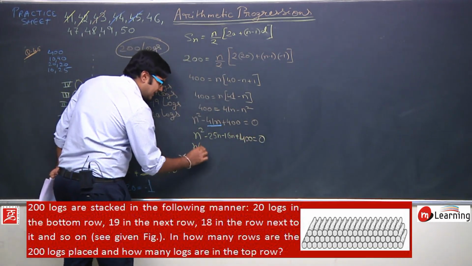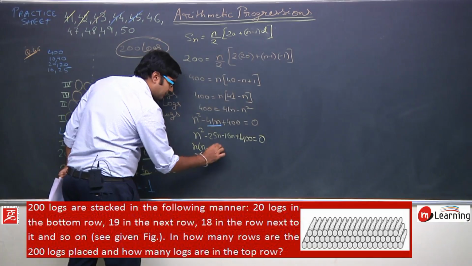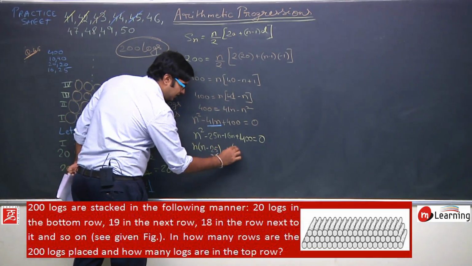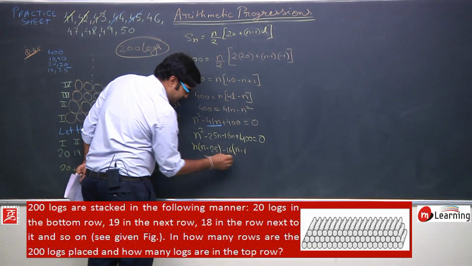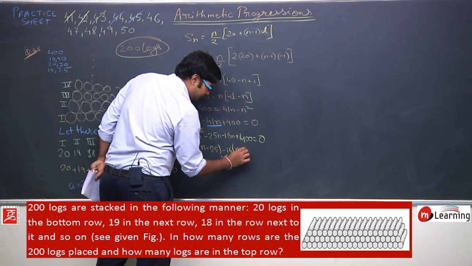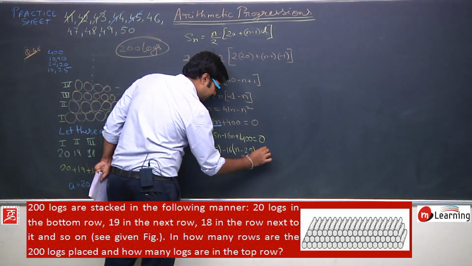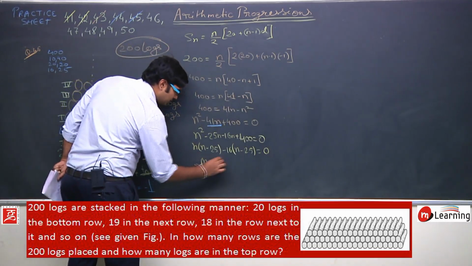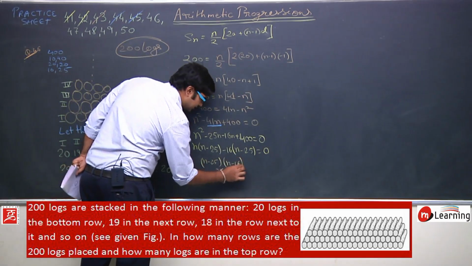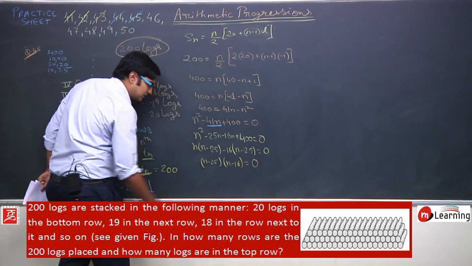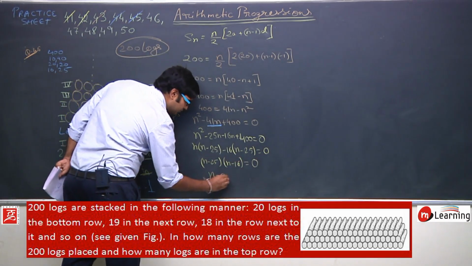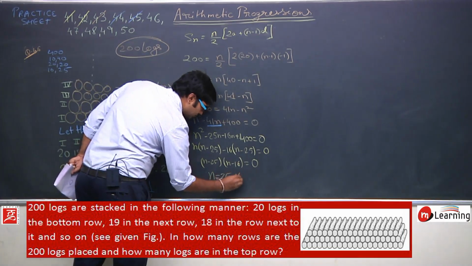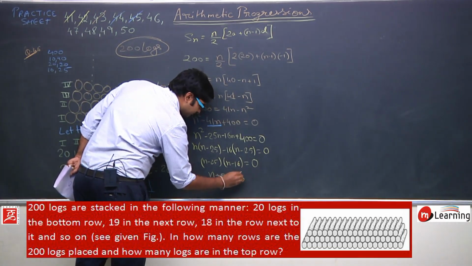So from this I can take n as common, n minus 25, then minus 16 as common, and n minus 25. Okay, this will be equal to 0. So n minus 25 and n minus 16 will be equal to 0. So what you will get, n is equal to 25 or n is equal to 16.